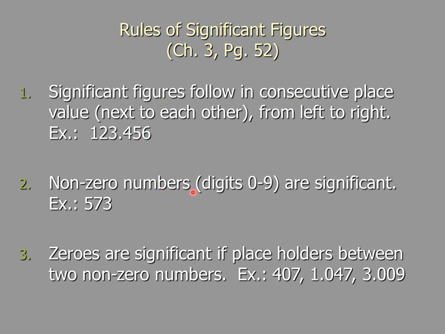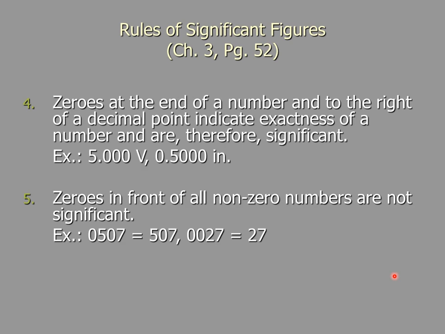Non-zero numbers, of course, are always significant no matter what. Zeros are significant if used as a placeholder between any two non-zero numbers. For example here, all these zeros are important because if you just remove one of the zeros, the number will be changed. So all these zeros are important because these are between two other digits, or between one digit and a decimal point. They are significant as well.